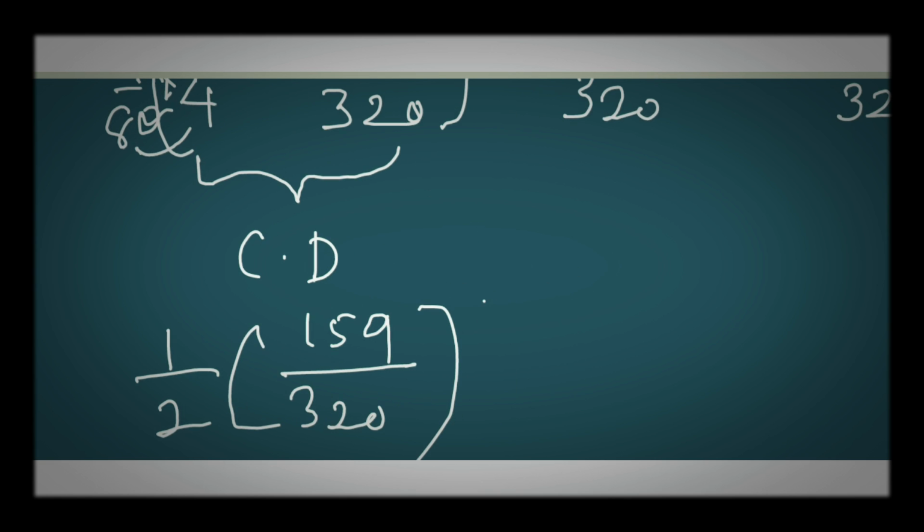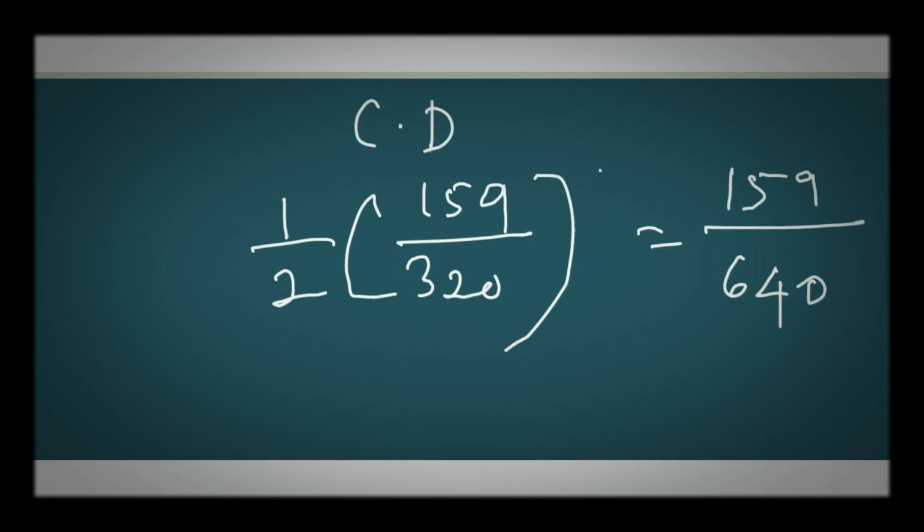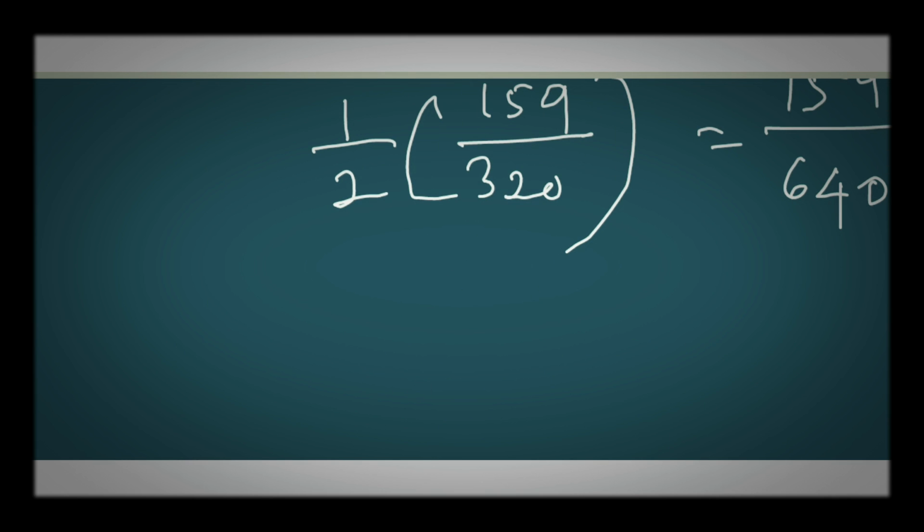I hope you got the steps. Okay, now what is there outside? 159 divided by 640, when you multiply 320 with 2. So we have got Q1, Q2, Q3, Q4 and Q5 respectively.